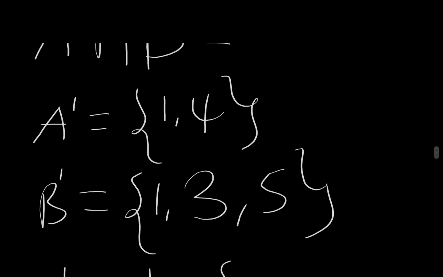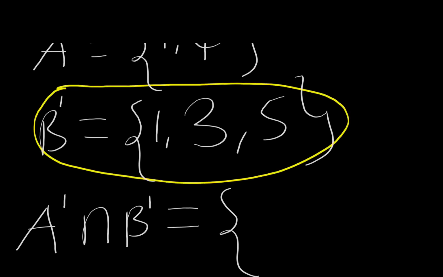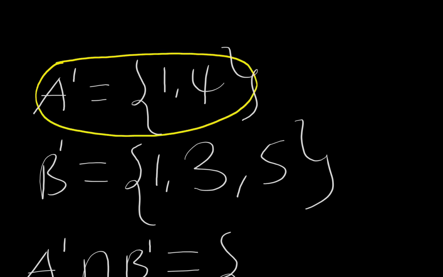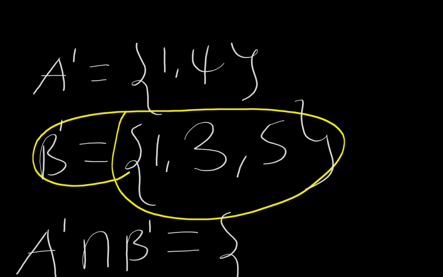Means that all the elements that can be found in A prime and also found in B prime. So let's check and see the element that we can see in A prime, and the same element can be seen in B prime.